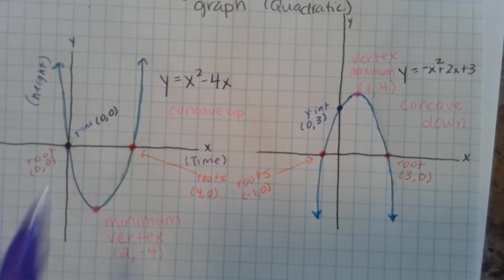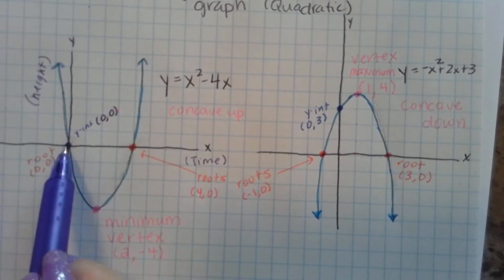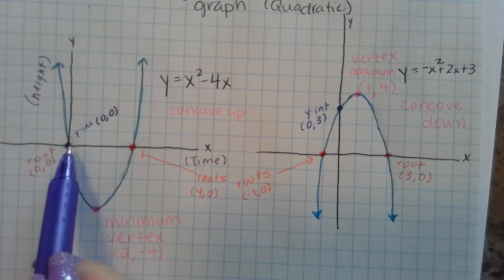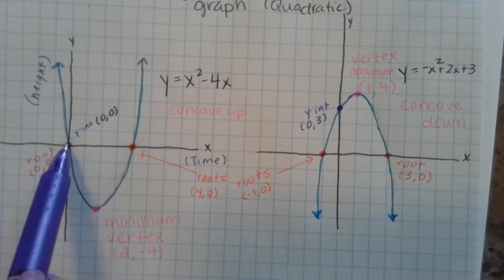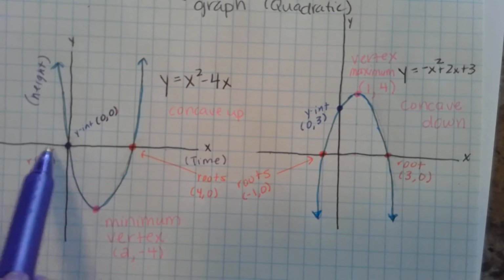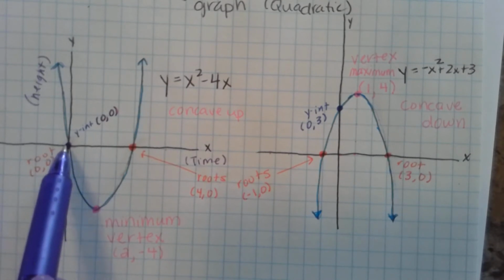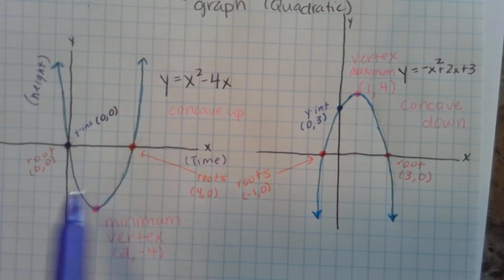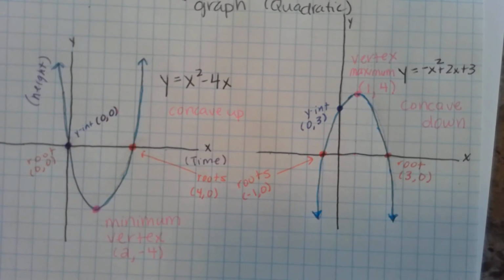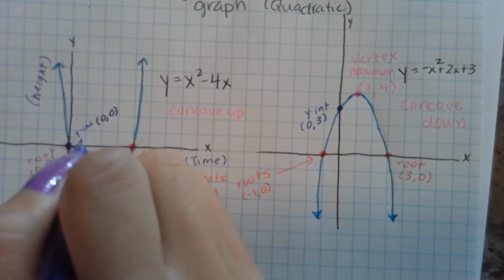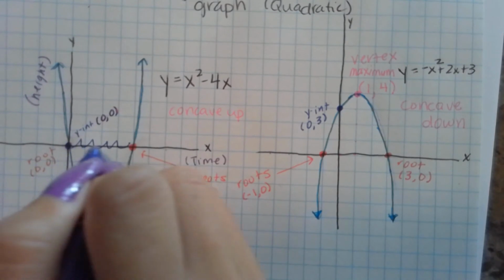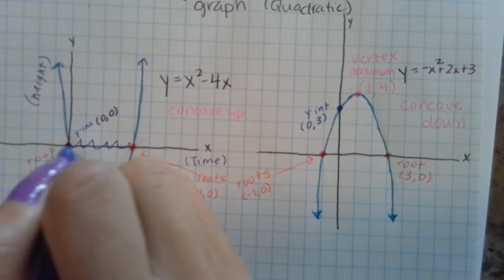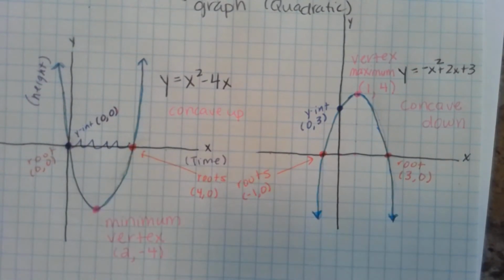Okay? So, for example, if we were thinking about jumping off of a diving board, or jumping into a pool, like water, right? So if we were to pretend that this is water right here, this is right where you start.